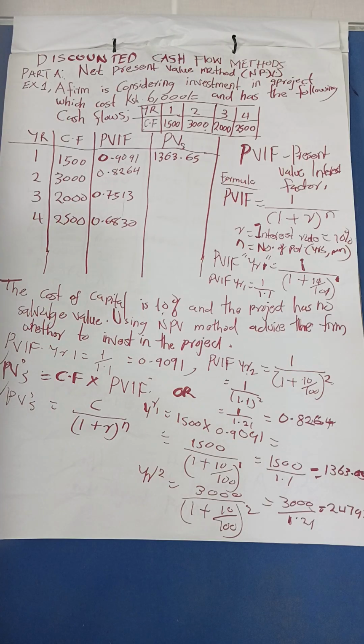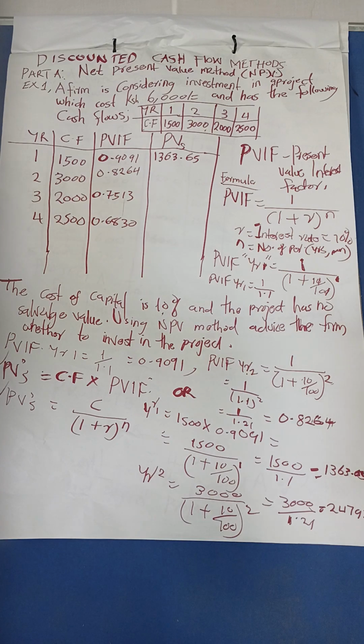So let's fill our table now. We understand the two formulas. Let us now finish. We get the NPV and we advise the farm if it's going to venture into that project. The next one is 3,000 multiplied by the PVIF, which is 0.8264.